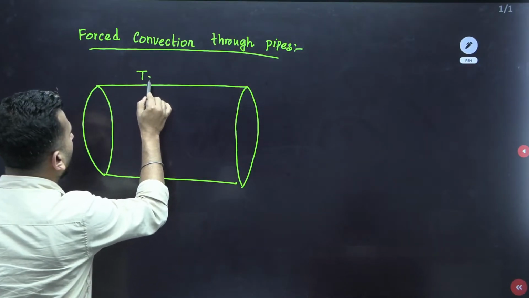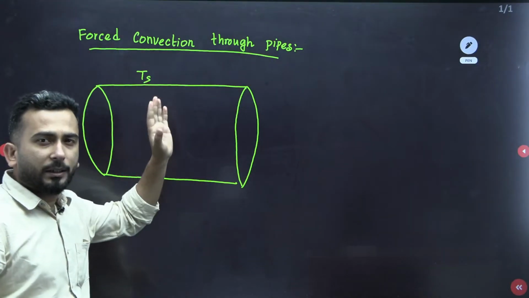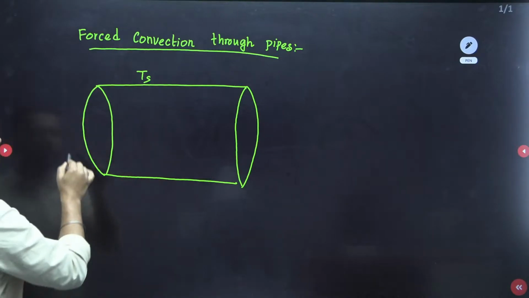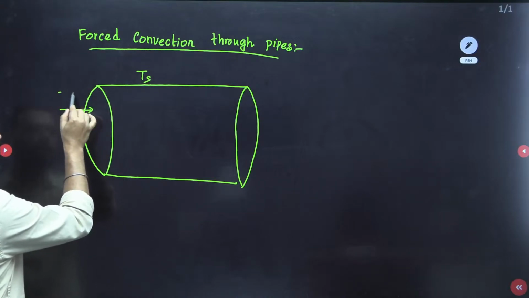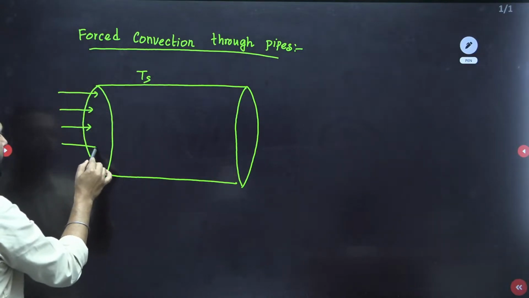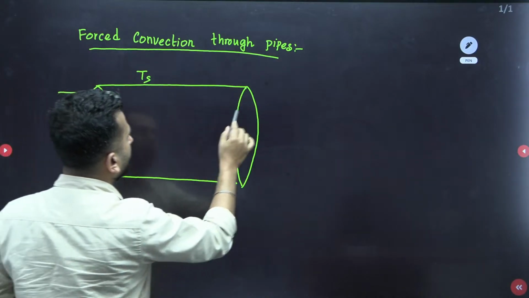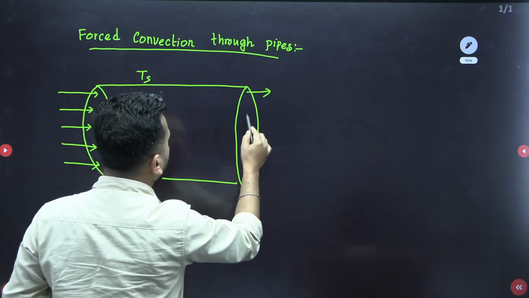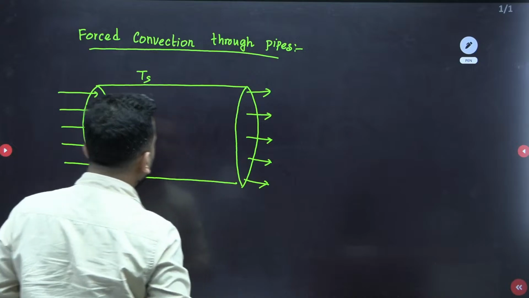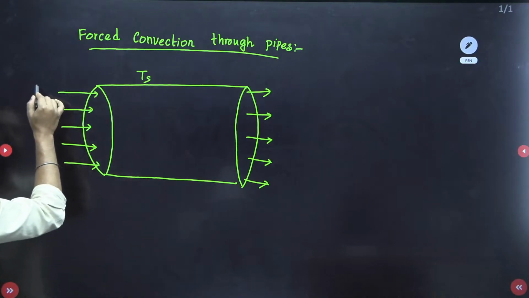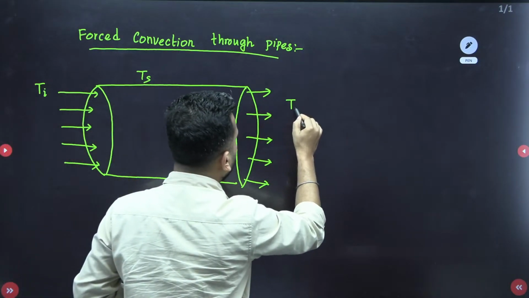It is a very hot pipe, maintaining a surface temperature Ts, and from here some liquid is made to pass. This is the inlet and this is the exit. Let us say the temperature at the inlet is Ti and the temperature at the exit is Te.